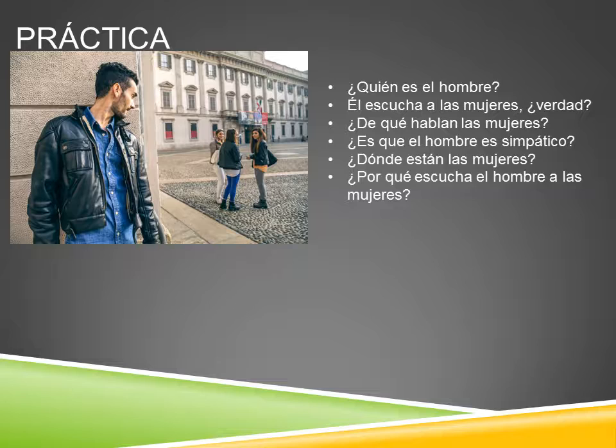It's pretty different in Spanish, and it's also pretty flexible. Because you could also say, ¿por qué escucha a las mujeres el hombre? Or even you could just say, ¿por qué escucha a las mujeres? Because we don't necessarily need a subject there. So why does he listen to the women? But basically, we're going to get that down because we'll be asking so many questions that we'll just learn it.